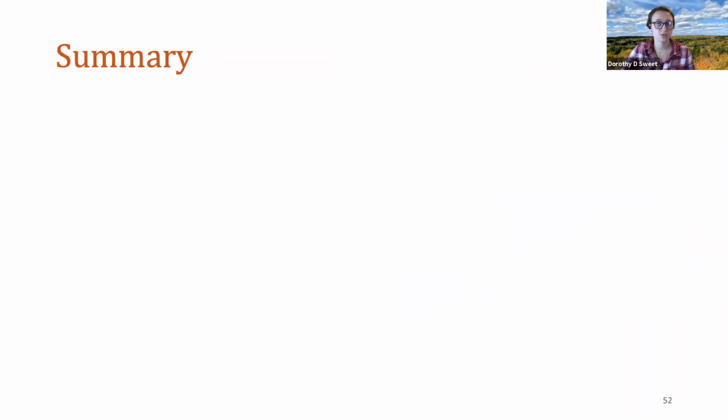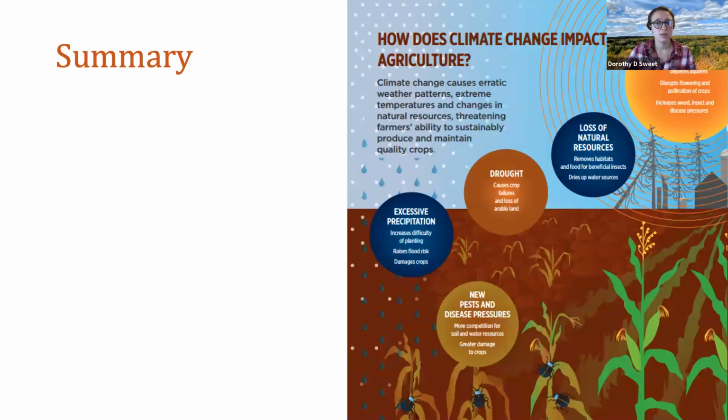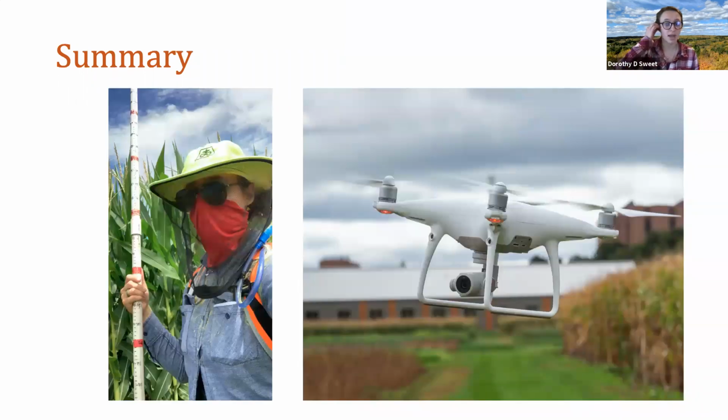So in summary, after covering all of this material, I want to remind you all about some key takeaways from my talk today. The climate in which we are trying to grow our crops is constantly changing. In order to continue growing crops like corn, breeders are constantly making improvements to the germplasm being grown. But phenotyping speed is bottlenecking the amount and kind of data that they have available when they're making their advancement decisions.